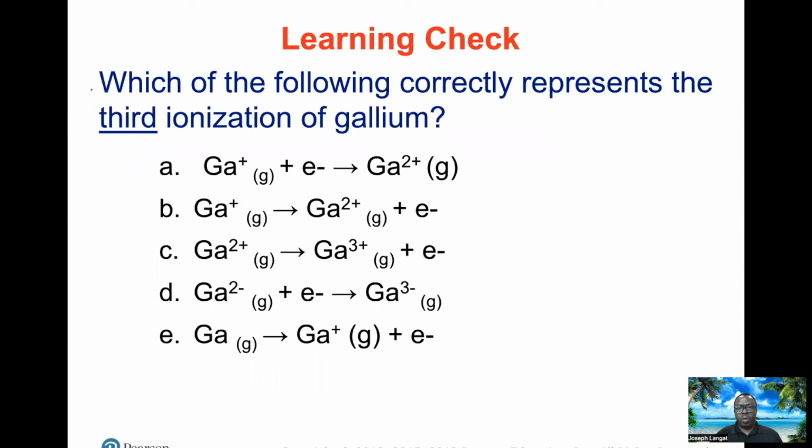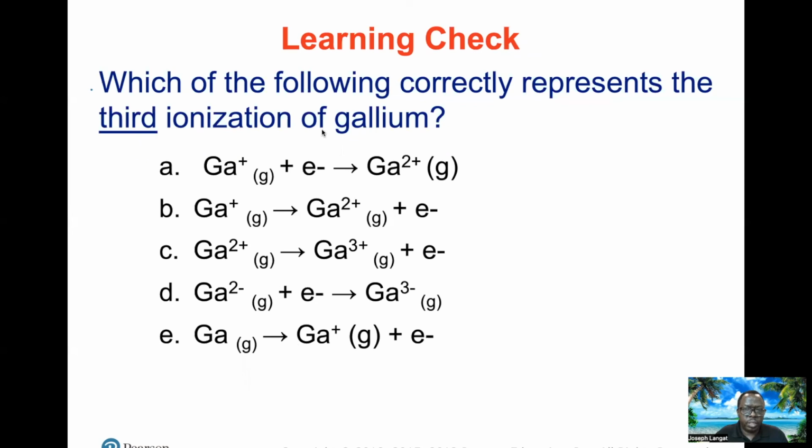Which one of the following correctly represents the third ionization energy of gallium? So this is first ionization. This is second ionization. No, this is third ionization energy. Actually, C is the third ionization energy. This is electron affinity.